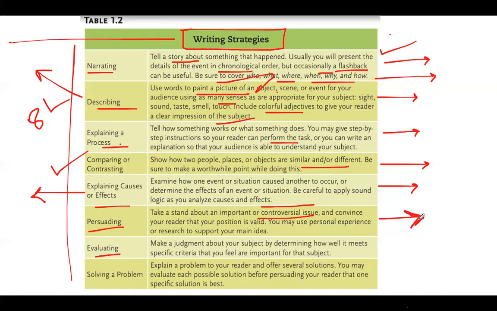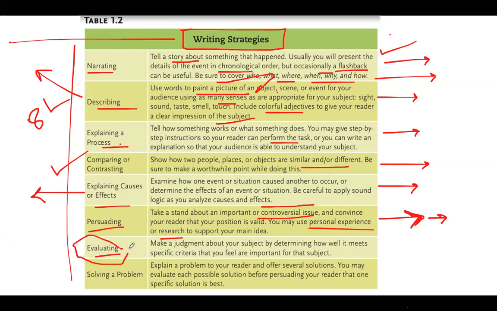That is a kind of argument. So you have to persuade your audiences, whoever is reading your text, and you have to make sure that you are able to defend your claim. You can present your support through research, or you can share your personal experiences as well. So persuasion is another important writing strategy.